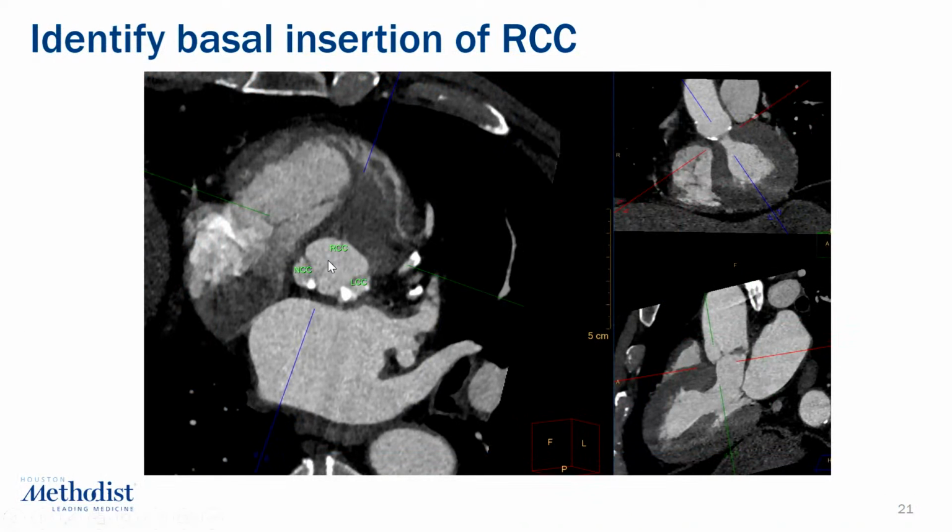So you get double oblique at the axial. So you move your cursor down in the axial images till you identify the lowest insertion point of the right coronary cusp. See that? So those two structures here, that's the annulus at the left coronary cusp and the non-coronary cusp. So first you identify the lowest insertion point of the right coronary cusp, and then you place your cursor here, right there, at the RCC.